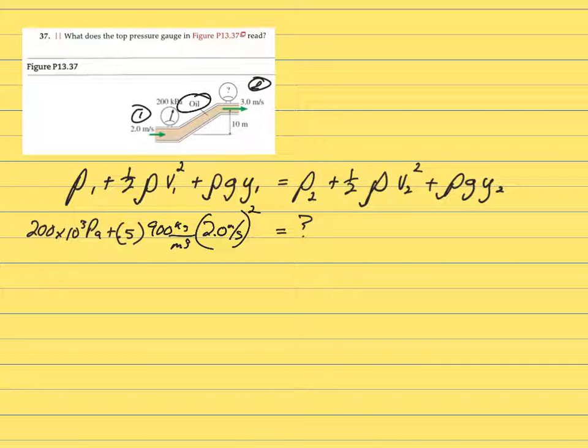Alright. So now I'm at the plus density again. Isn't that still 900 kg per m cubed?